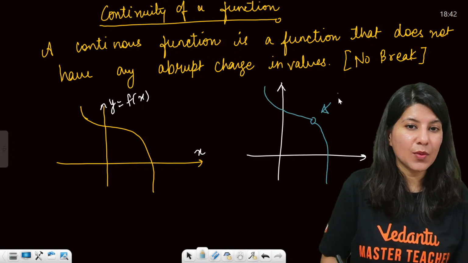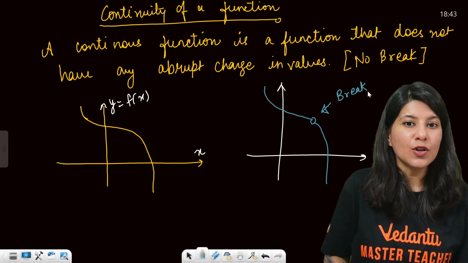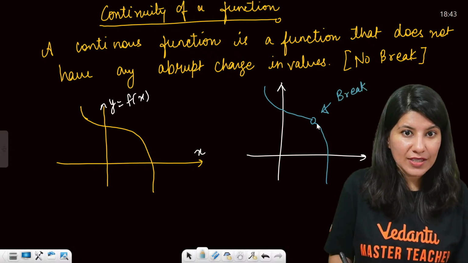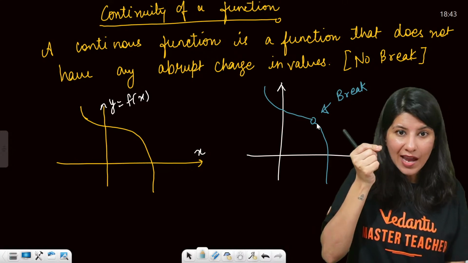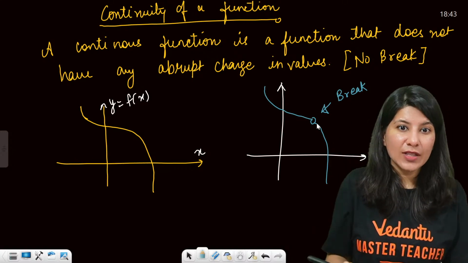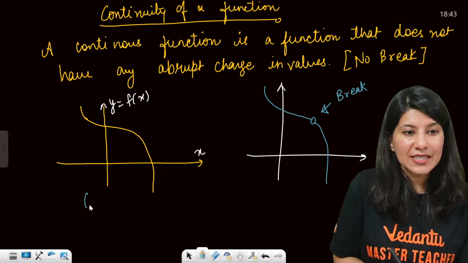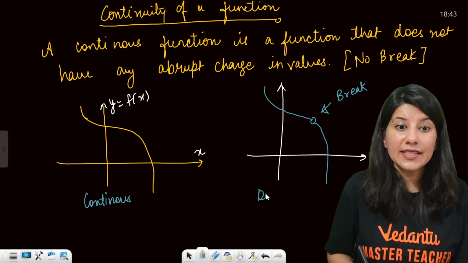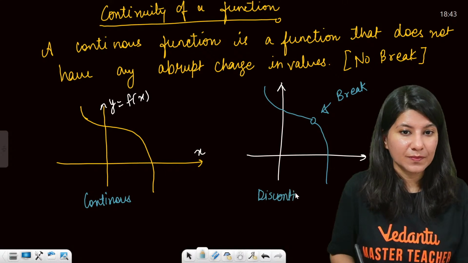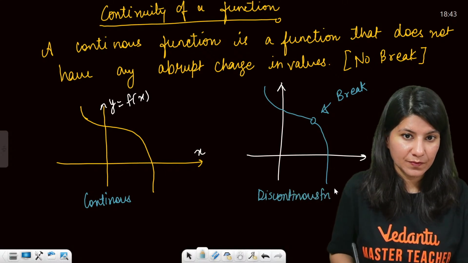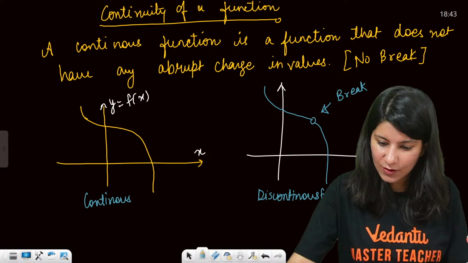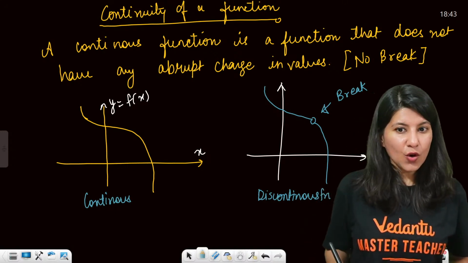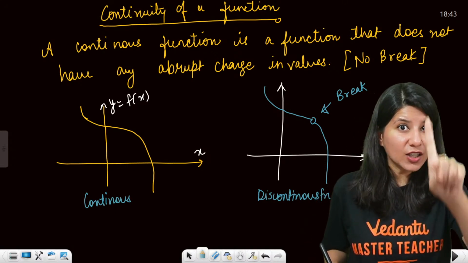This is the break point. To plot this graph, you have to pick up the pen and draw it again. So there is a break. So the left one is a continuous function, and this is a discontinuous function. Clear?